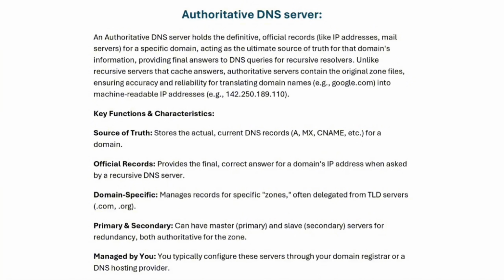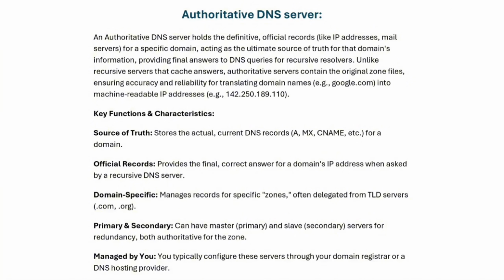TLD, root, and all caches don't have the exact information, and they are not the ultimate truth for DNS resolution. So it has to get to the authoritative DNS server, for example Google's name servers, so they can provide the exact information, that is IP addresses and mail servers for a specific domain.